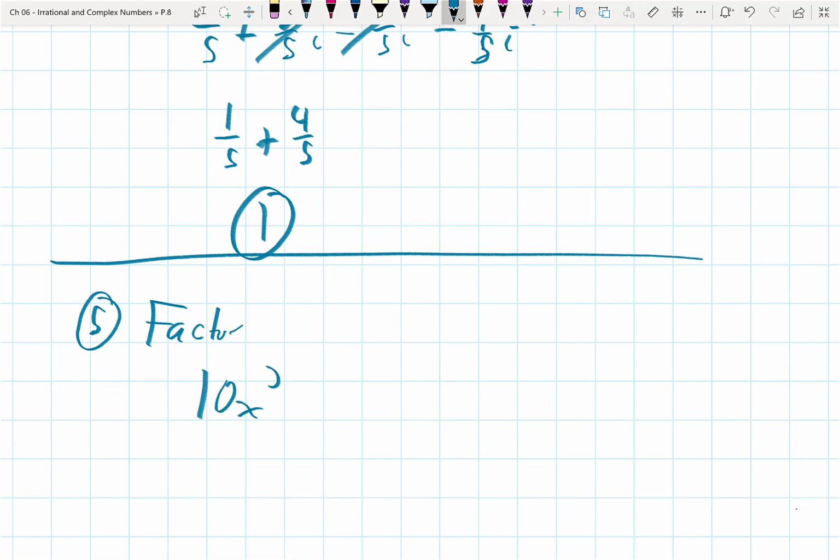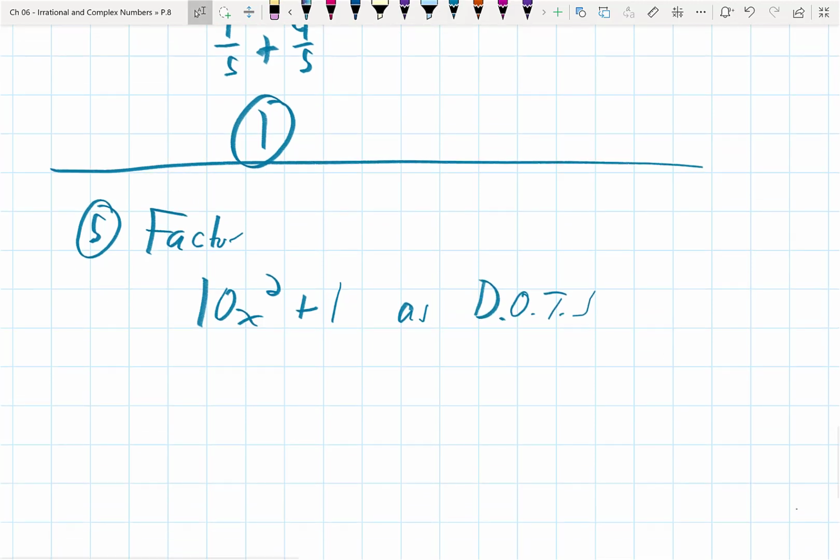We're going to factor 10x squared plus 1. Now, it doesn't factor the way that you guys would want, so we're going to factor it as a difference of 2 squares. Which means that before I do that, I need to write it as a difference. It's a sum right now. Can I stick a minus sign in there?